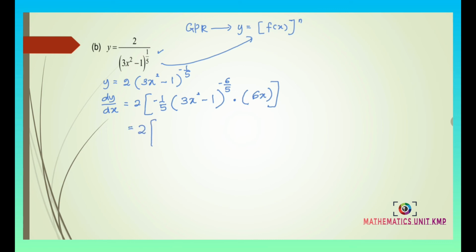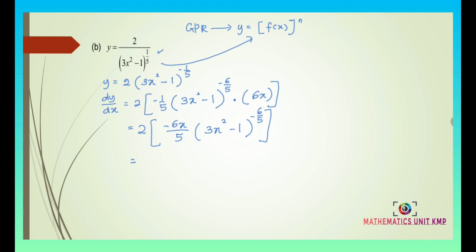Then we simplify in the big bracket first. Here we get negative 6x over 5 times (3x squared minus 1) power negative 6 over 5. And we can bring down the (3x squared minus 1) power negative 6 over 5.